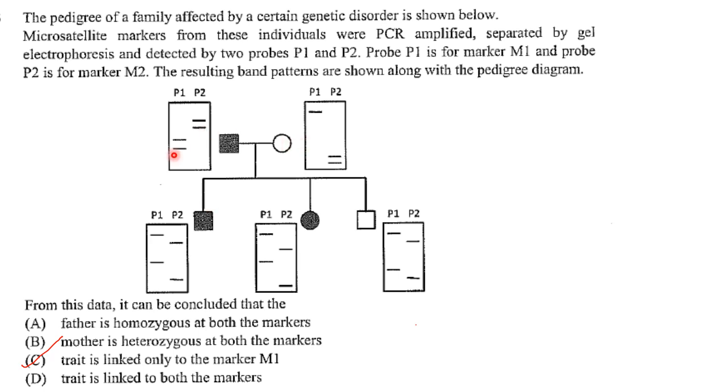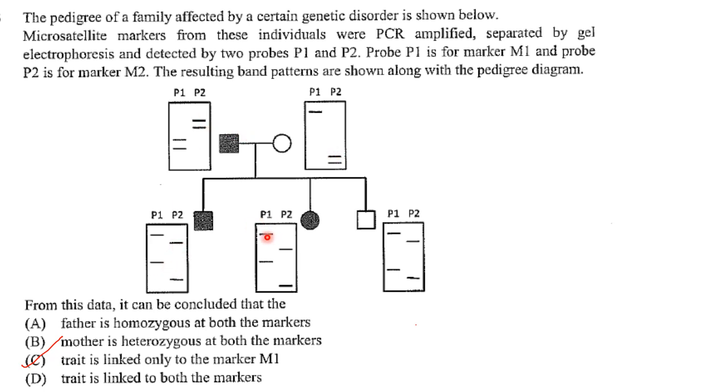Now, if you see here, this is the father and this is the mother. The father is diseased, so he has these kinds of bands for P1 and P2, whereas the mother is not diseased, so P1 and P2 show this type of band. But the offspring, you see, get this band from the father and this band from the mother for P1. For P2, they get this band from the mother and this band from the father.